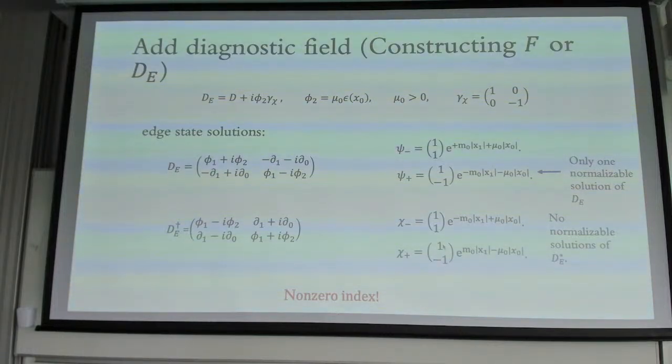Okay. I have a question. I think it's a stupid question, but I'm worried about the factors of i. This was a Majorana mode, and usually there's a basis where the Dirac operator is real. But here, that's not possible when you introduce the second field necessarily. Yes. So this is a Dirac operator corresponding to the original Majorana fermion theory that you had.